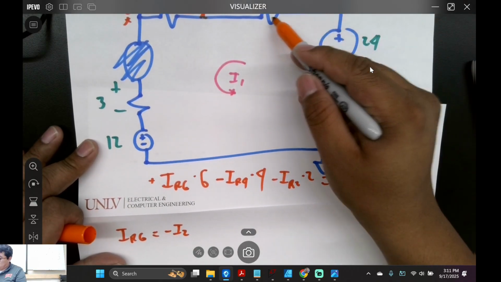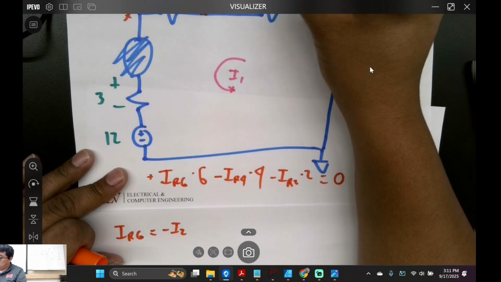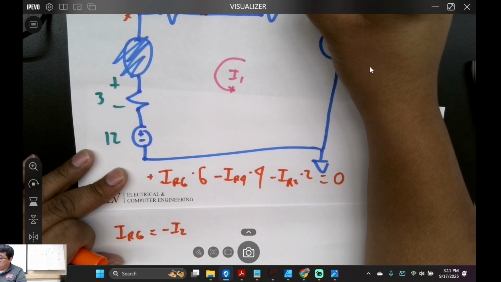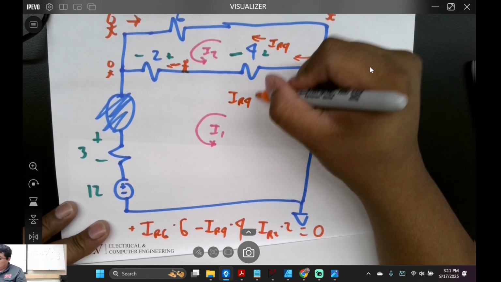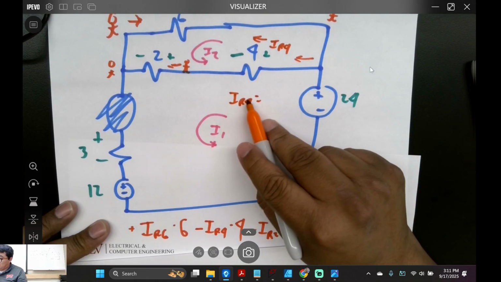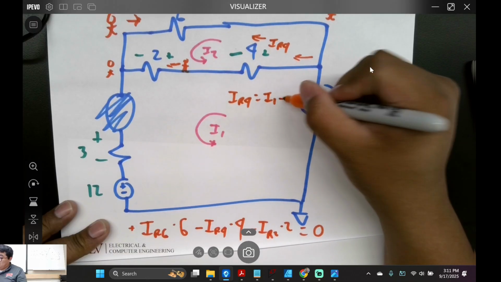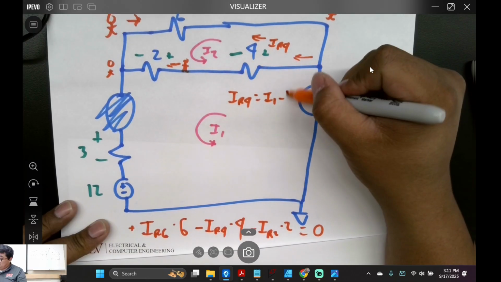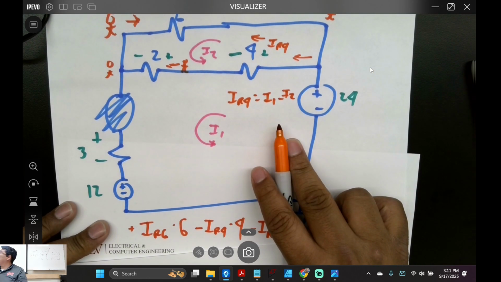Because if I'm going this way, IR4, I'm going down the stairs. But IR4 is equal to the mesh current of I1, going down this, minus what's coming at us. Plus to minus, yes?